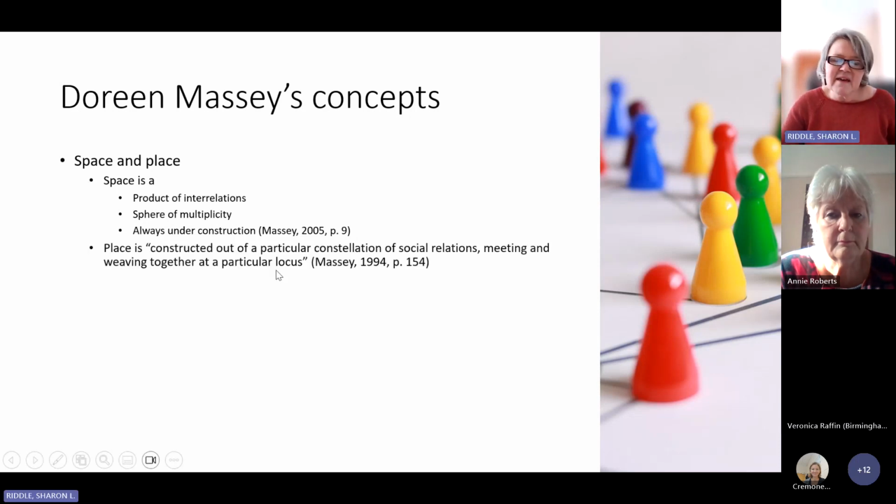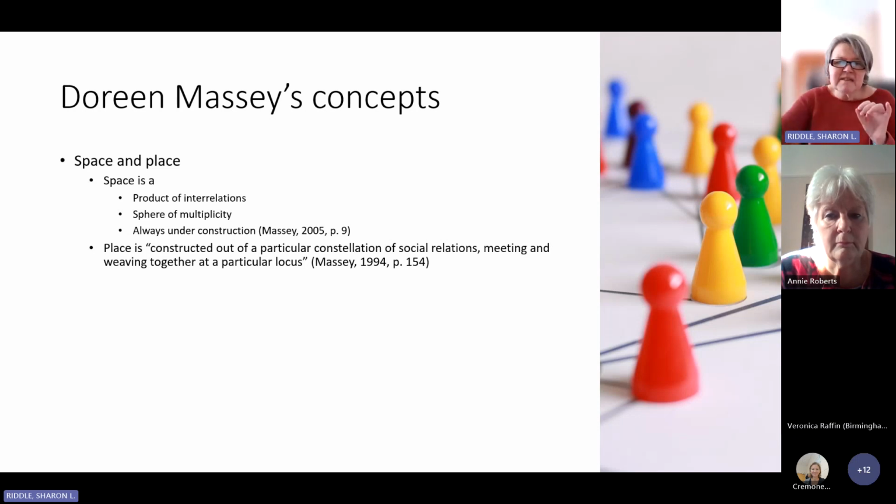And place is where all of these interactions and social relations come together, and where they have links to the outside, which give them their unique identity. So, for instance, I'm based in Durham.